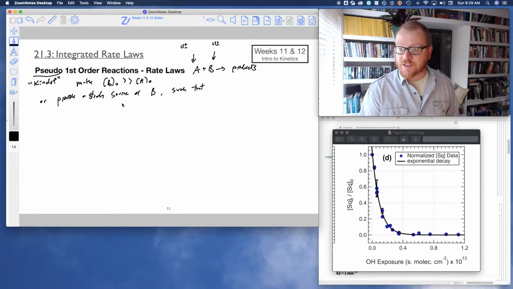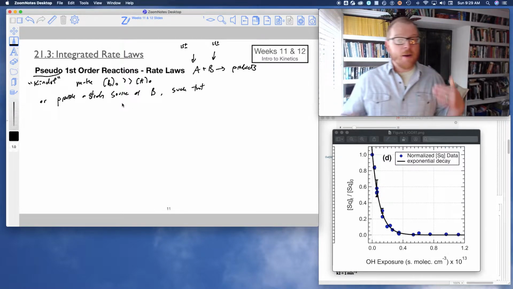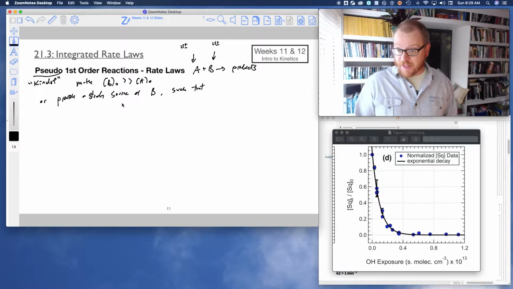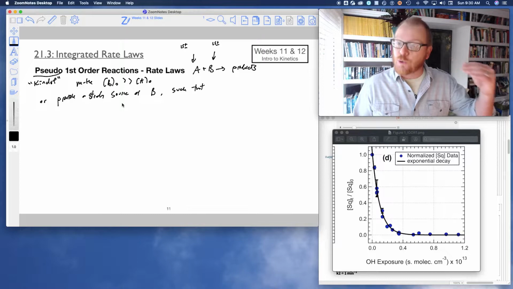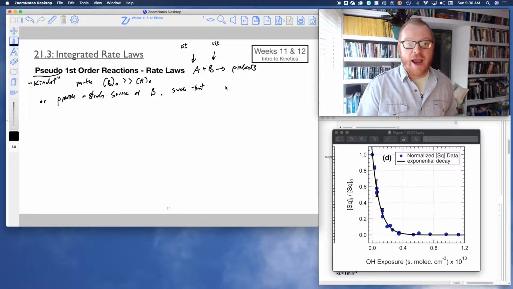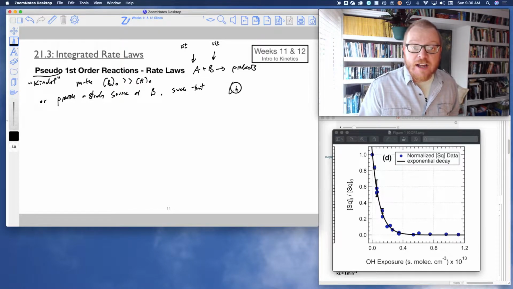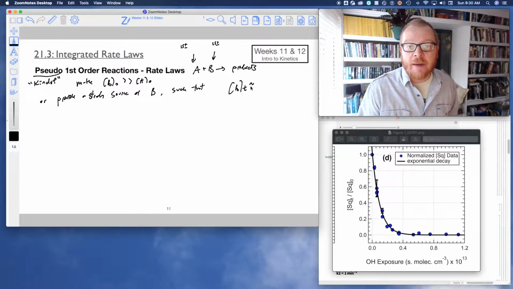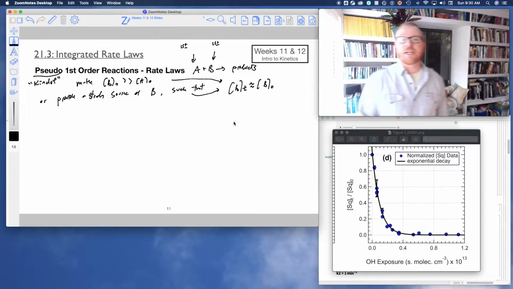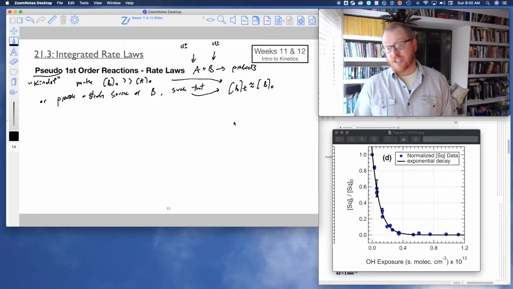So in either one of these, we either make the initial concentration of B much larger than the initial concentration of A. If that's not feasible, if that's not something we can actually do, then in our reaction we can continually add B. And we can continually add B at a steady rate such that the concentration of B at any time is always roughly equal to the initial concentration. So either scenario gives us this notion that B is not going to change in time.